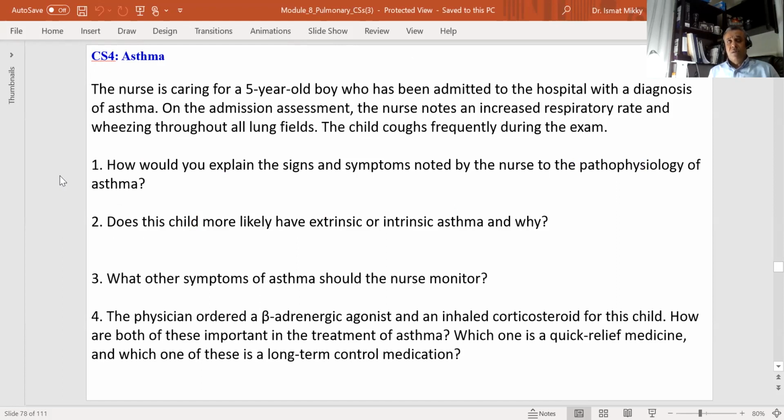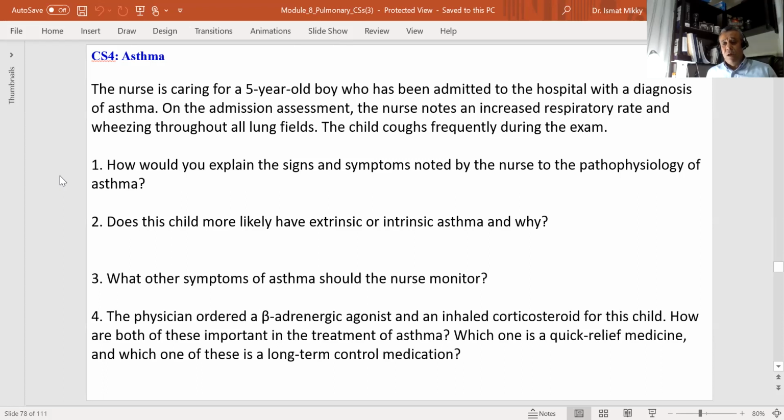There are two important components. The first is increased airway reactivity. That's what we call a reactive disease.